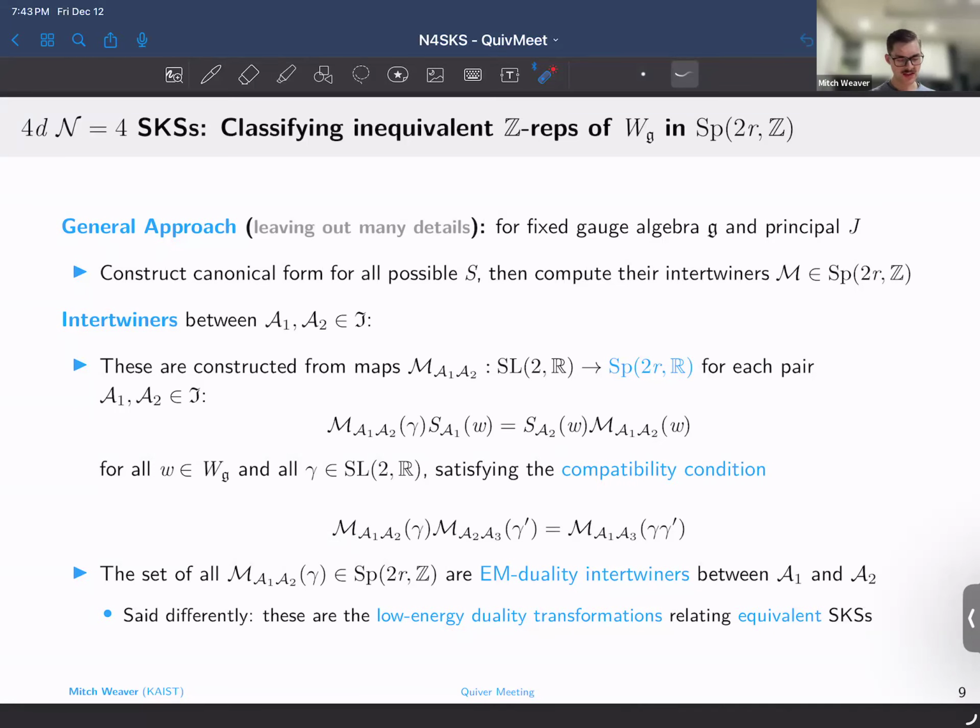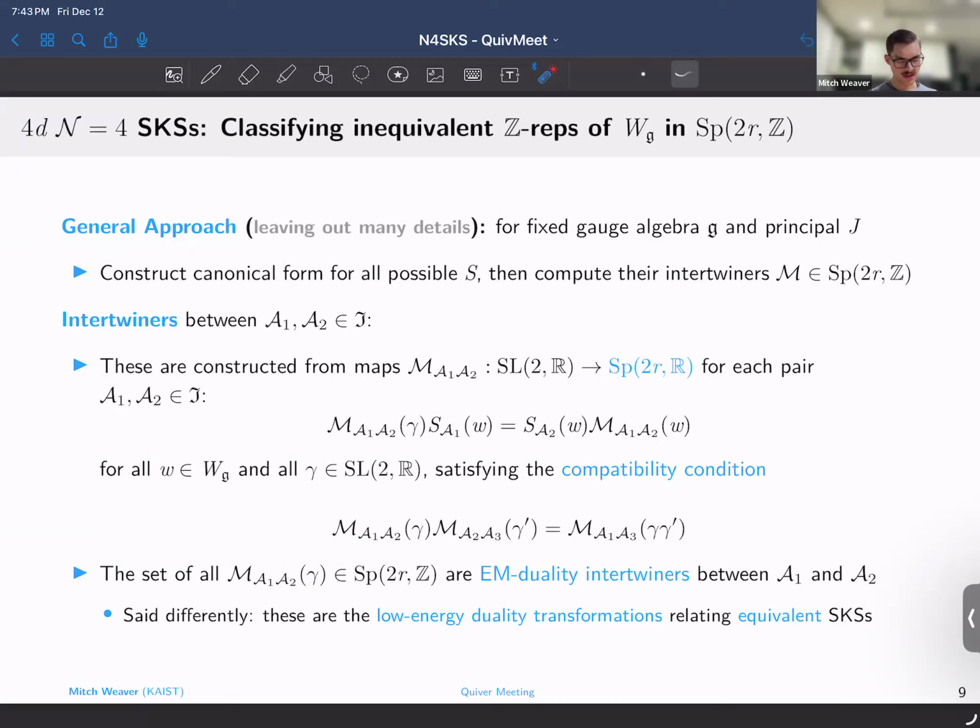And furthermore, they satisfy this sort of compatibility condition. And when gamma is such that the intertwiner is actually integer valued, that means we've found an EM duality transformation that is actually rendering equivalent two of our Z reps here, which is what we're trying to do.